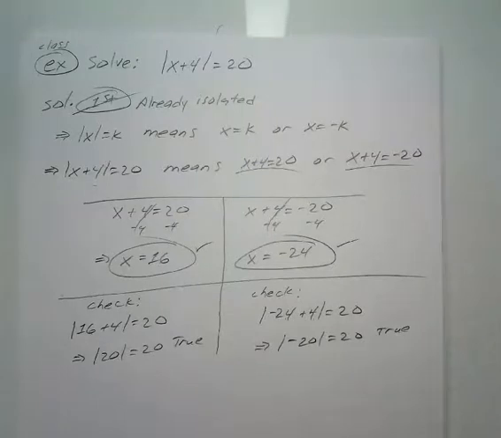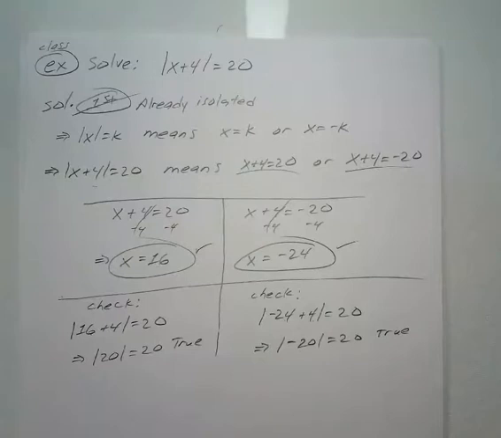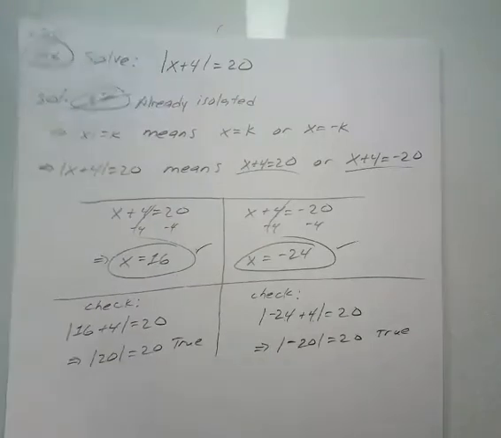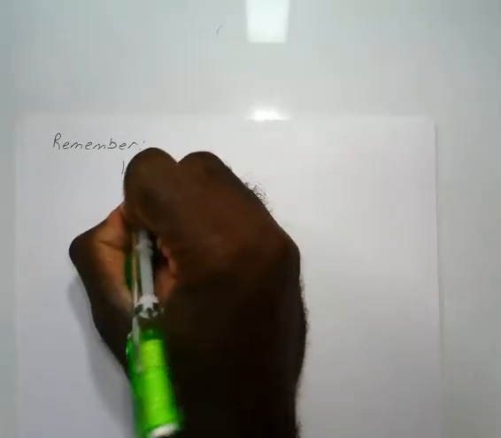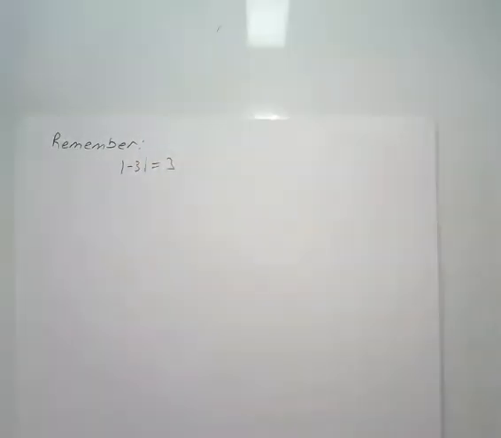All right. So let's go over one more example for our absolute value equations. But before we do that, I'm going to give a quick explanation on how we're going to solve it. Okay. So if you remember, for example, the absolute value of negative 3 is equal to 3.